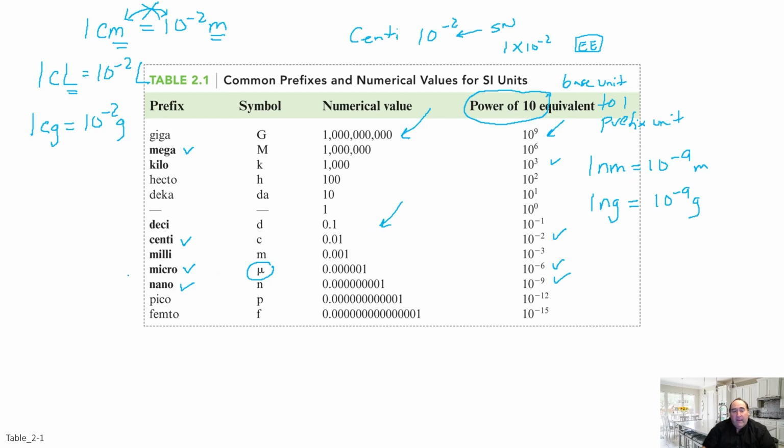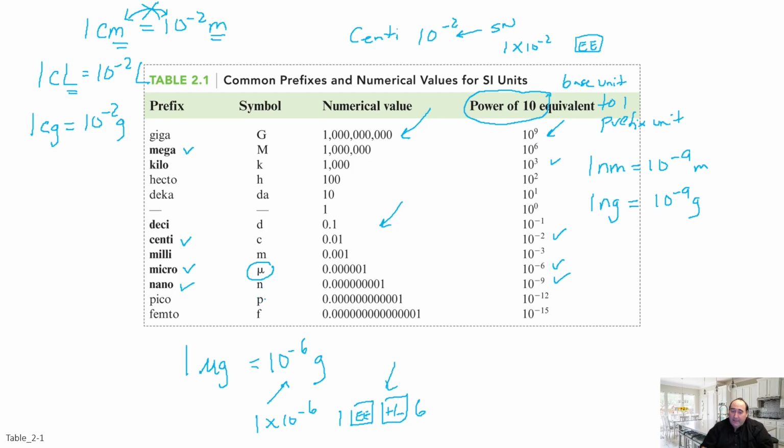So if I have 1 microgram, that would be 10 to the minus 6 grams. Once again, if you need to put it into your calculator, that is 1 times 10 to the minus 6. As we would put that in, 1, exponent button, negative button, and 6. Now, depending on your calculator, and I don't want to say for everybody, it is really calculator dependent.